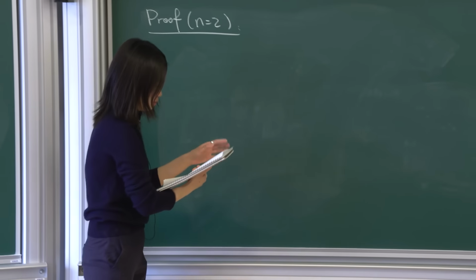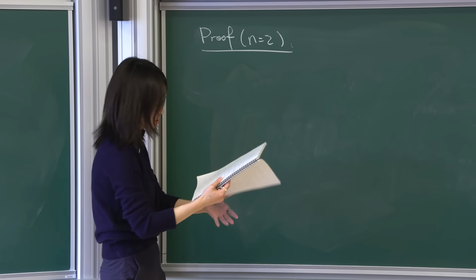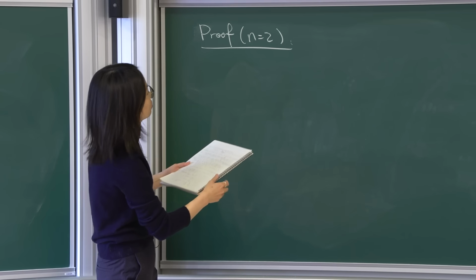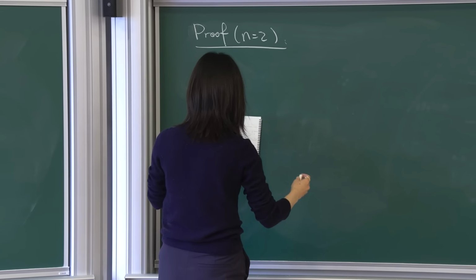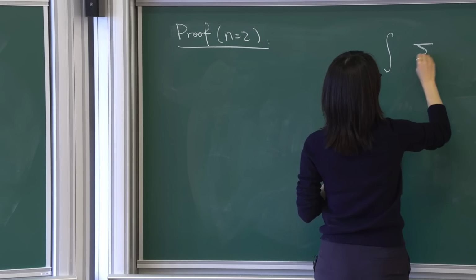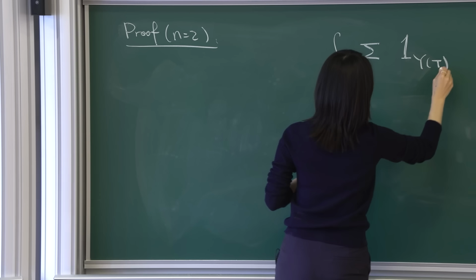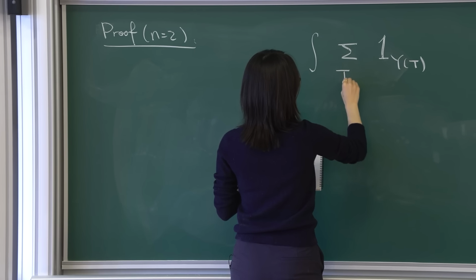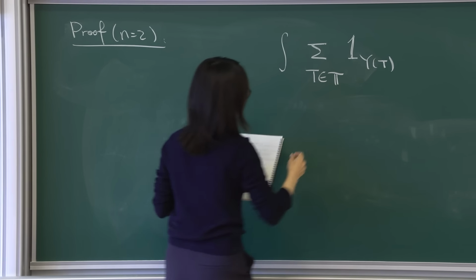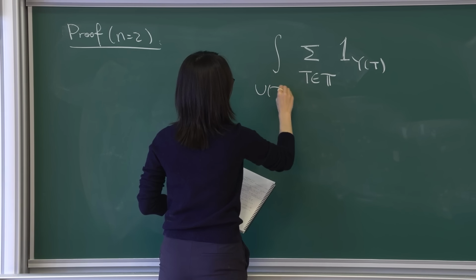So we'll continue talking about the proof in dimension 2. This is just using Cauchy-Schwarz, and this is due to Cordoba. First we sum over the indicator function of the shading for T contained in the set of tubes, and then those functions have support on the union of tubes.